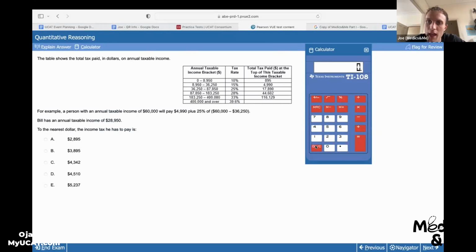So if I clear the calculator, say I've got a number I want to work out, we'll use 14 over 15 again. That gives us this decimal. So I want to add that to my memory plus. And now if I clear my calculator, I can recall that at any point using the MRC button.